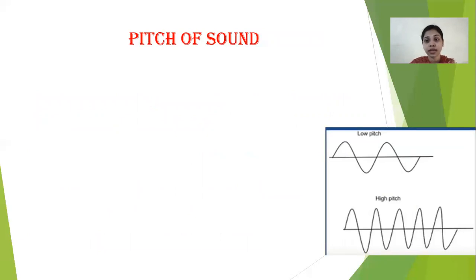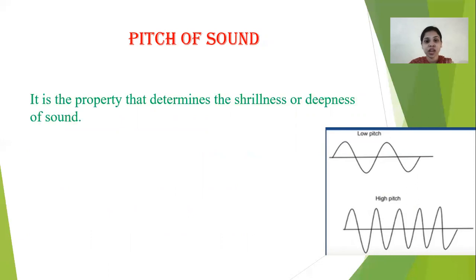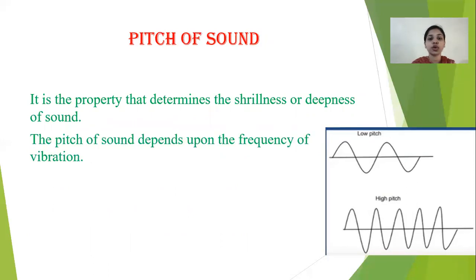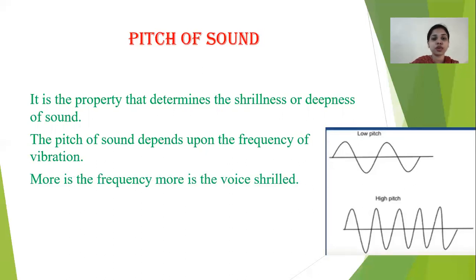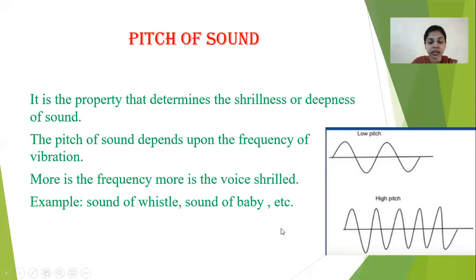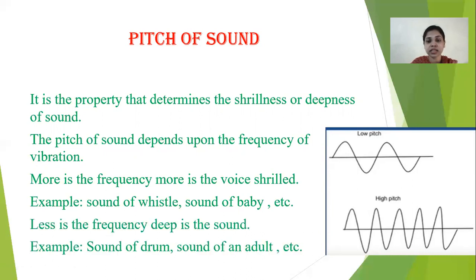Pitch of the sound depends on the frequency. Simply, it is the property that determines the shrillness or deepness of the sound. Here also, if the frequency is more, the voice is shrill, and if the frequency is less, then the sound is deep.